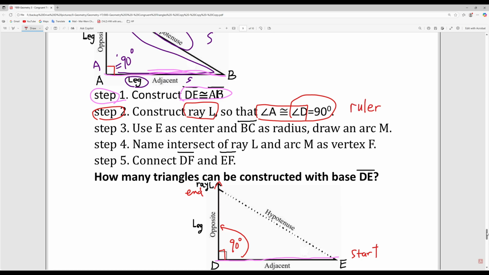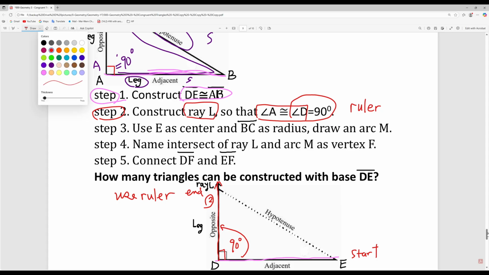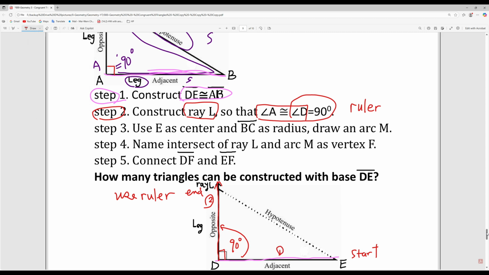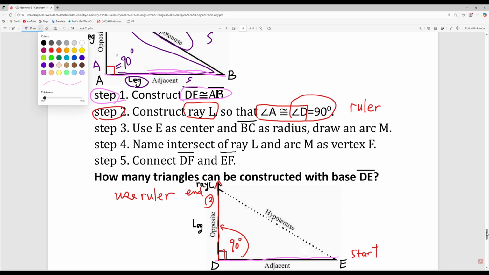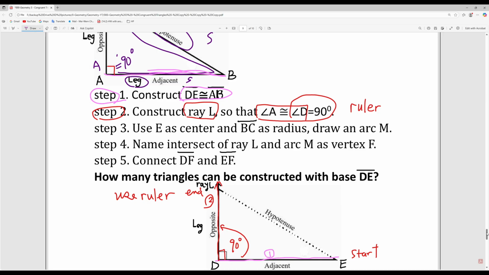You can use a ruler to construct. After you construct ray error, that's the second step. The pink color is step 1. Step 1, step 2, and then step 3.